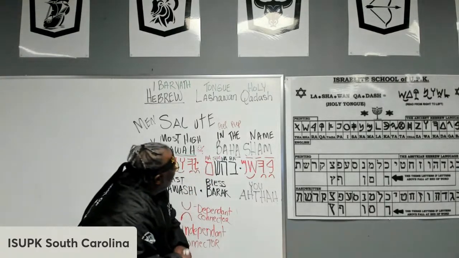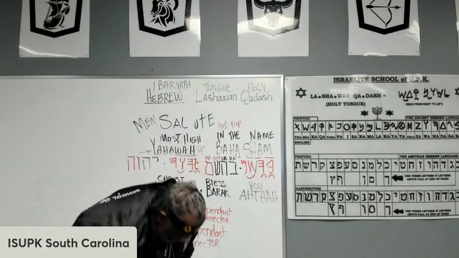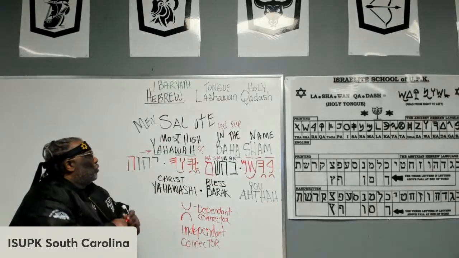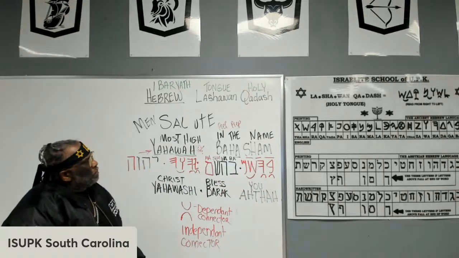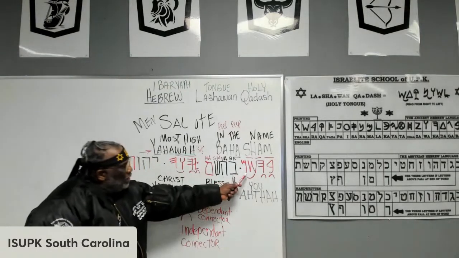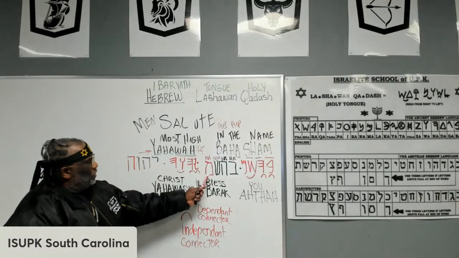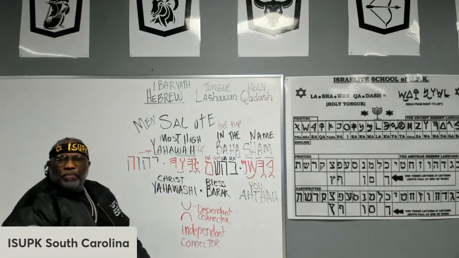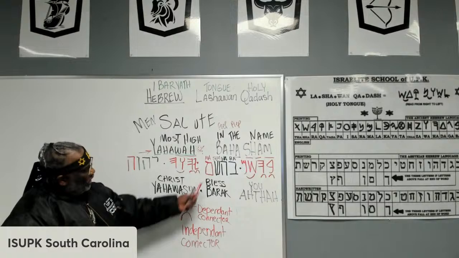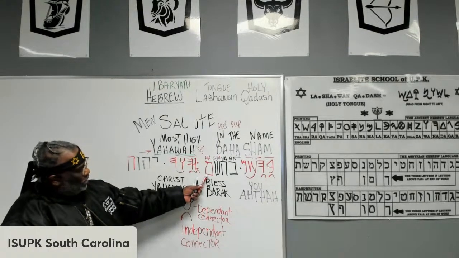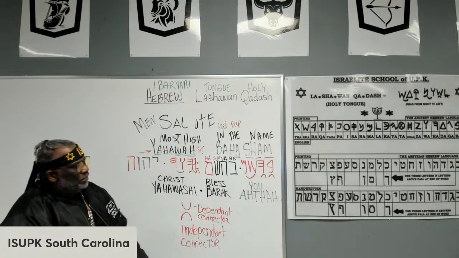Okay? And that's what the ancient Hebrew looks like, how much different it looks than the Assyrian Hebrew. The difference is one has connectors, one has ending characters. In this case, it will be the ma.